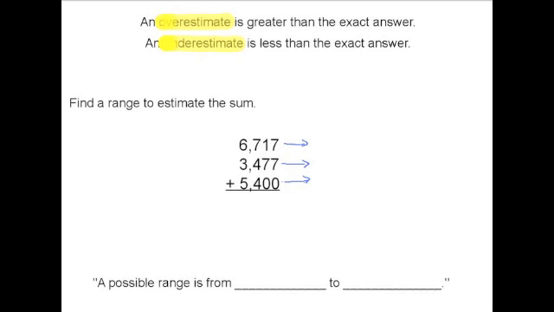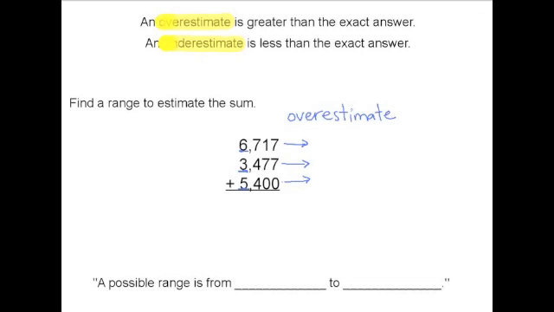So in this problem, I'm going to round to the thousands place. So since I'm going to make an overestimate on this side of my problem, I'm going to round all of my numbers up, even though my regular rounding rules would not have me do that.